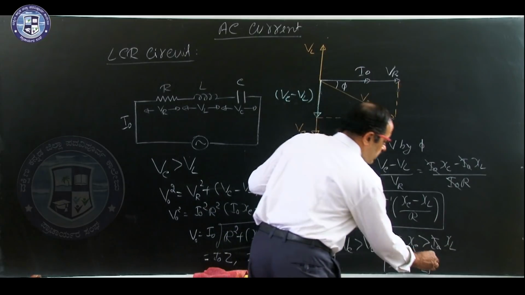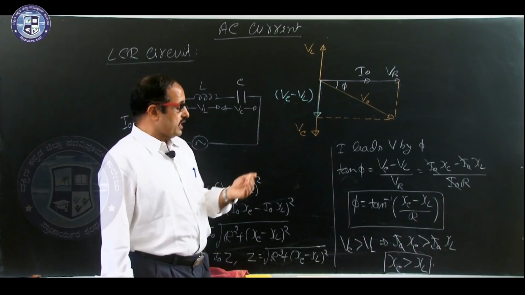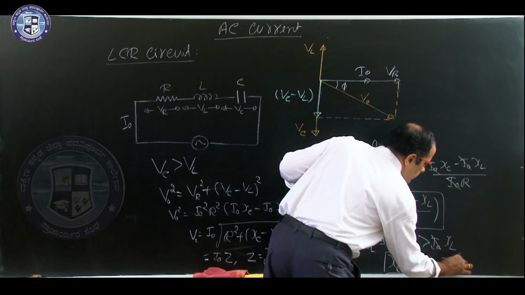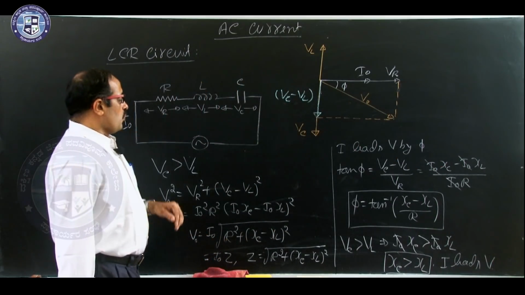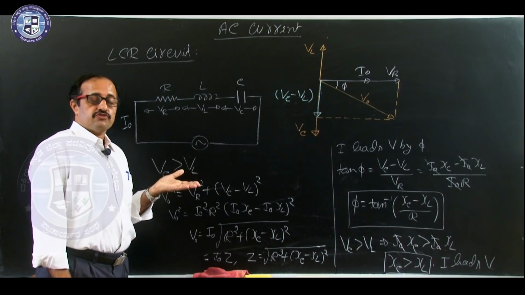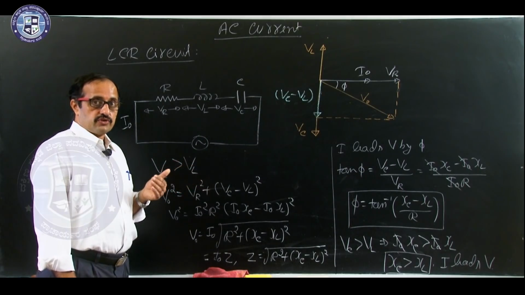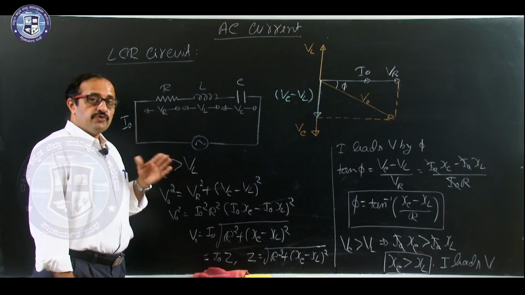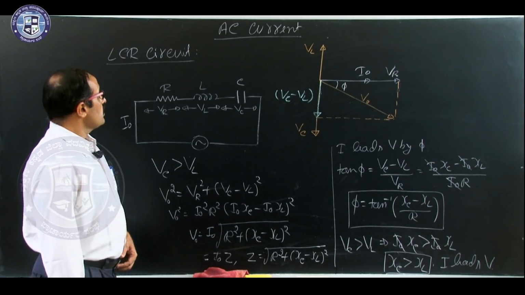Therefore, we can say in any circuit, if capacitive reactance is more than inductive reactance, definitely we can say I leads V. So, once you find out capacitive reactance and inductive reactance, we will get the behavior of the LCR circuit, whether current leads or voltage leads. But before that you find out inductive reactance and capacitive reactance.